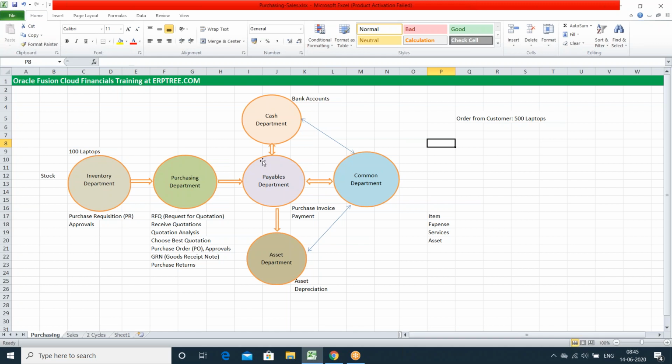All the bank accounts need to be managed by the cash department. Other activities they are involved in include bank statement reconciliations.